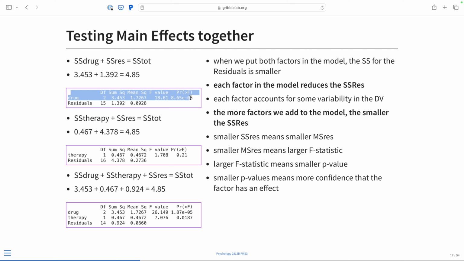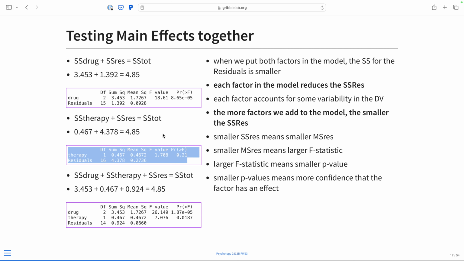In this model where there's only drug, the total sum of squares is 4.85. In this other model where there's only therapy, the total sum of squares is the sum of squares therapy plus the sum of squares residuals, which is also 4.85. It's the same. The sum of squares in the data doesn't change.